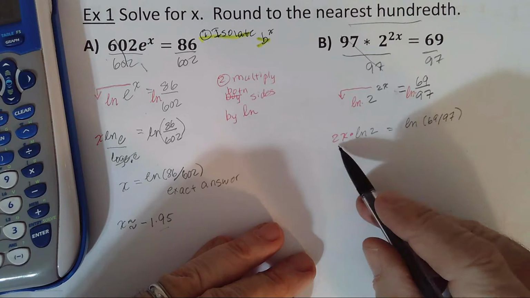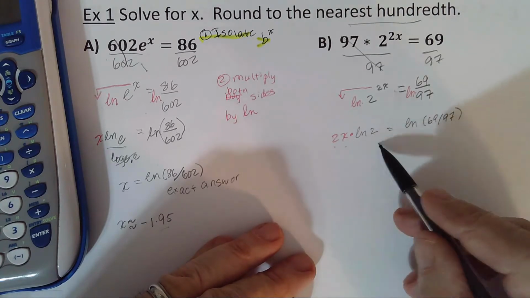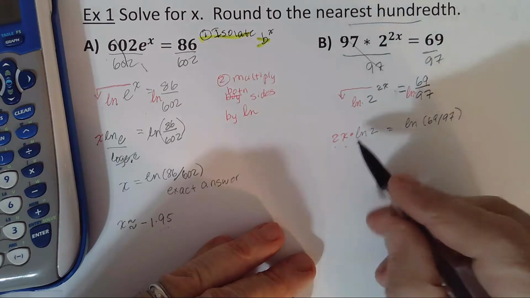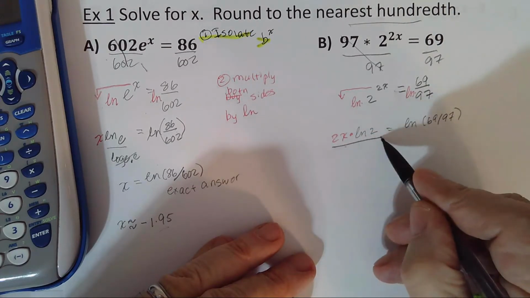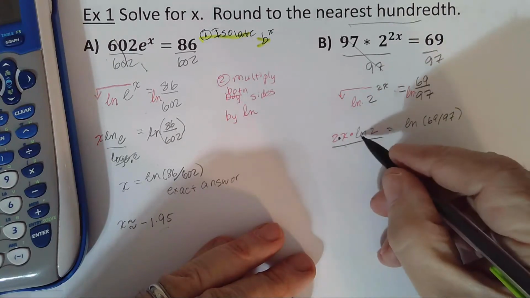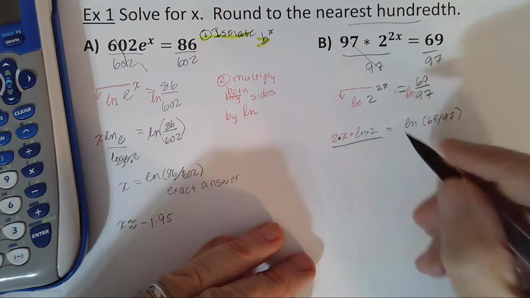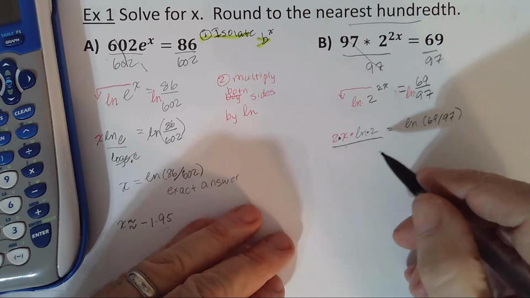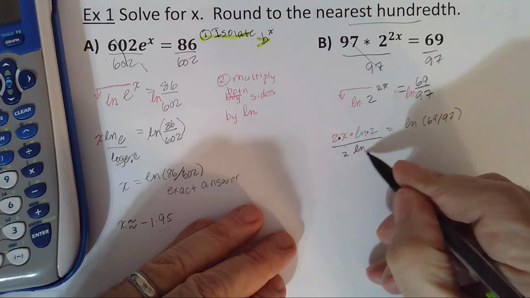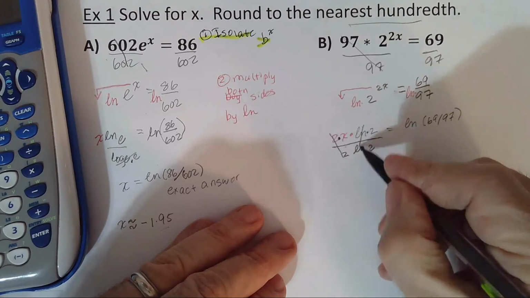Right? Now, I want to get the x by itself, and to do that, all I really need to do is get rid of the 2 and the natural log of 2. And I can do that to both sides. I can divide both sides by all of that, because remember, this whole thing is a multiplication problem. It's 2 times x times the natural log of 2. Okay? So I can divide by 2 times natural log of 2, and I'm left with the x.